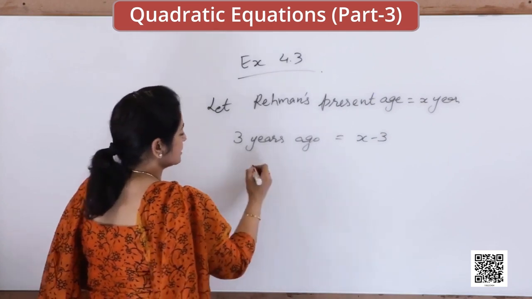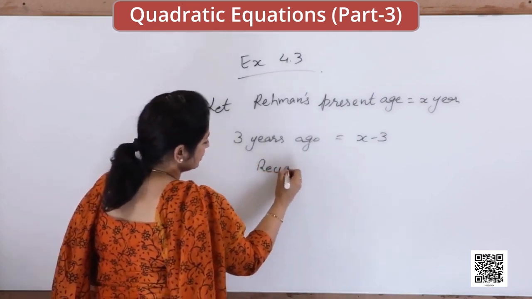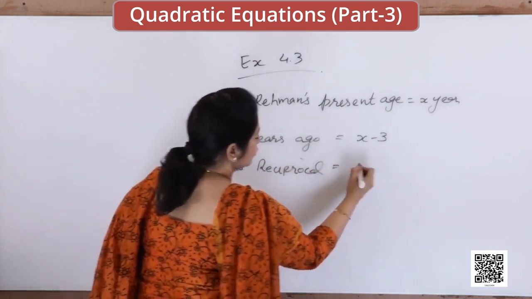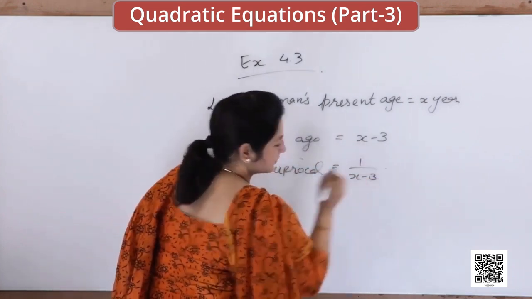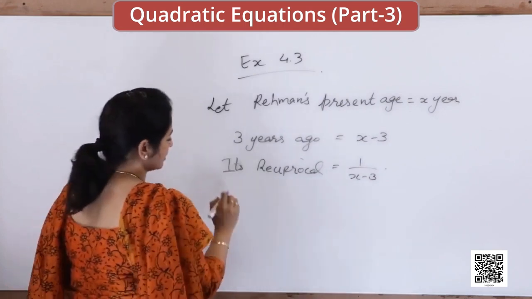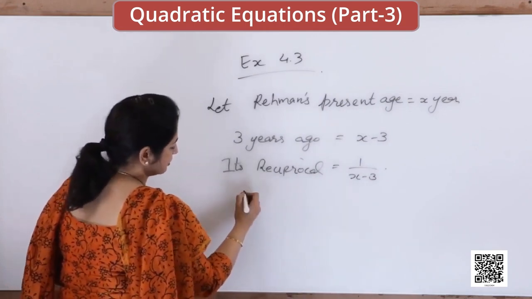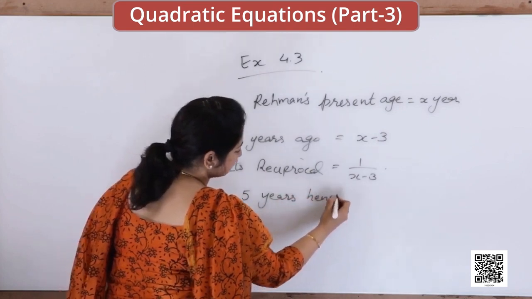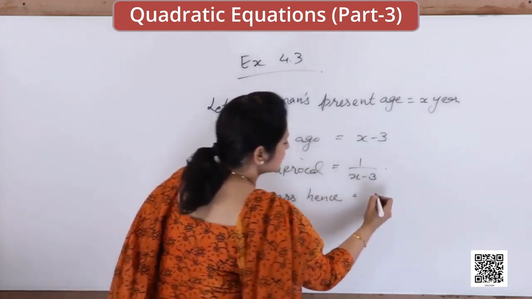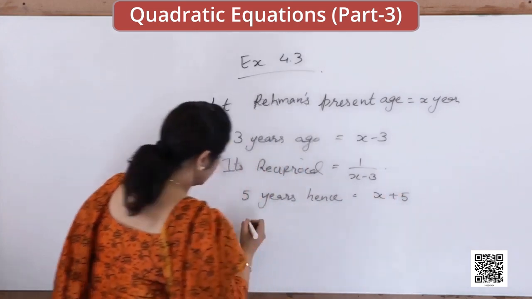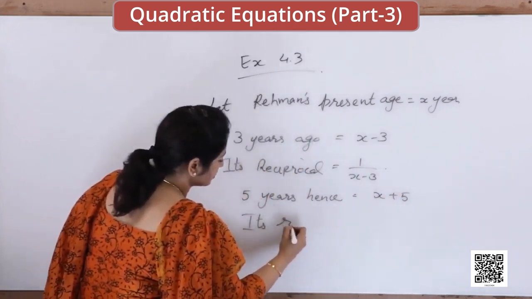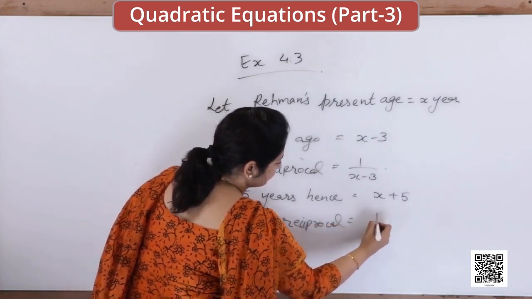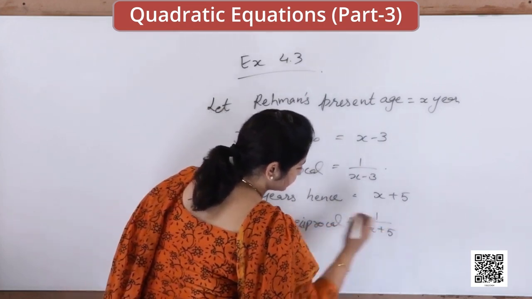So now its reciprocal will be 1 upon x minus 3. This is the case 1. Now after 5 years, 5 years hence, that is after 5 years from now, his age will be x plus 5 and its reciprocal will be 1 upon x plus 5.